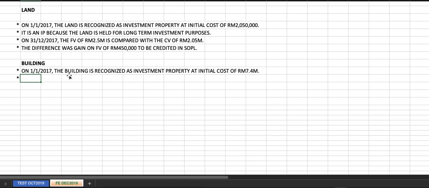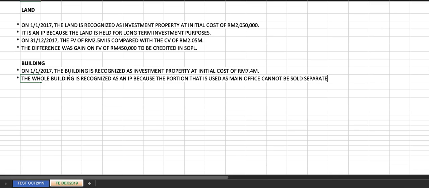So you have to mention the whole building is recognized as an IP because the portion that is used as office, what did the question say? As office, right? The portion that is used as main office cannot be sold separately.